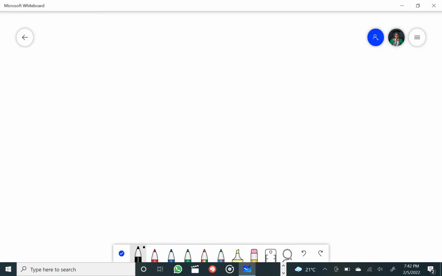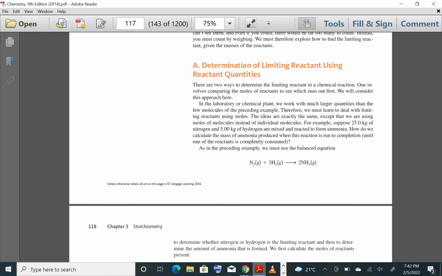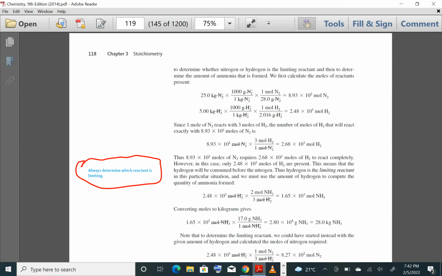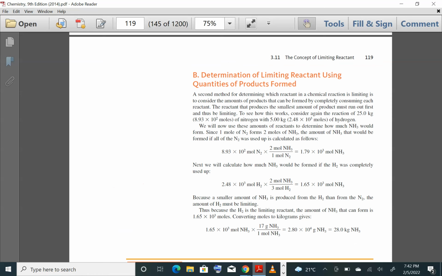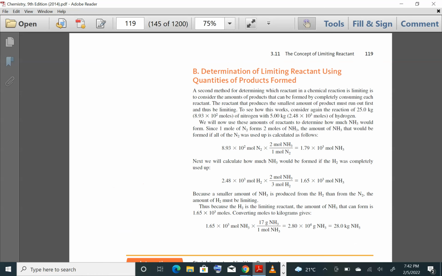And then there's also the other one, but this other one is not usually recommended. The other method that I'll be showing you, though it's in your recommended book, is rarely used anyway. The other one is much better, but let's just learn it since it's in the recommended book. So, a second method for determining which reactant is limiting.